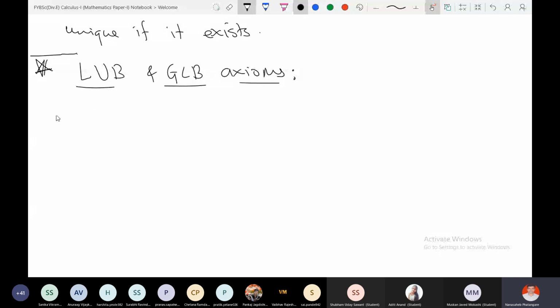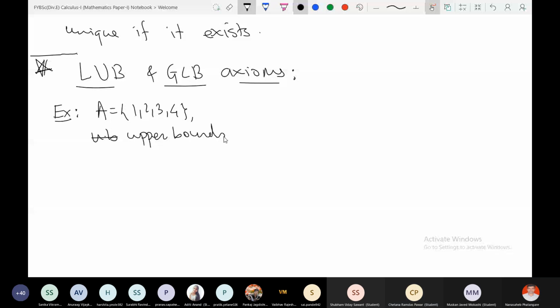Okay, so we'll try to understand something before this. So if you look at set A, 1, 2, 3, 4. What are the upper bounds of A? 4, 5. 4.001, right? 5, right?